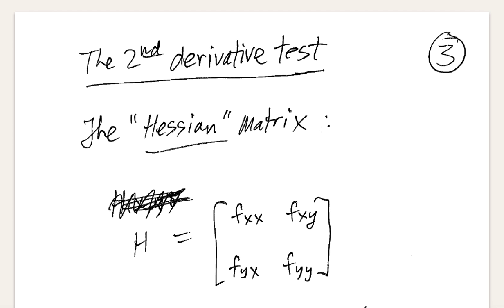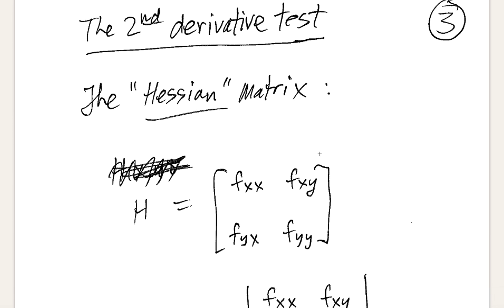I've got to define something first. There's something called the Hessian matrix, okay? The Hessian matrix I will call H. It is the following: f sub xx, reading across f sub xy, and then f sub yx, f sub yy.